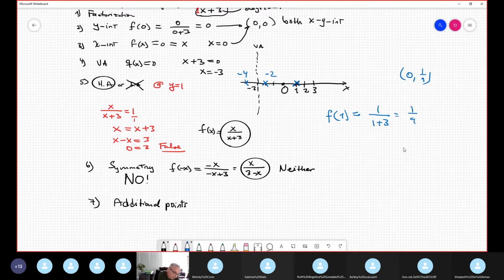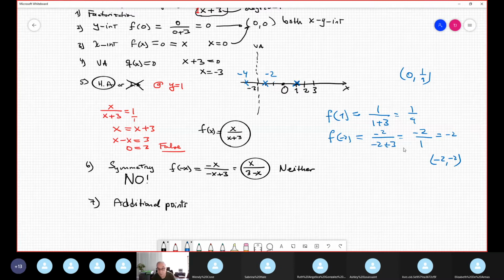One more, negative 2. Evaluating f at negative 2: negative 2 over negative 2 plus 3, which is negative 2 divided by positive 1, because 3 minus 2 is 1. So the result is negative 2, and the point is (-2, -2). It's a coincidence.